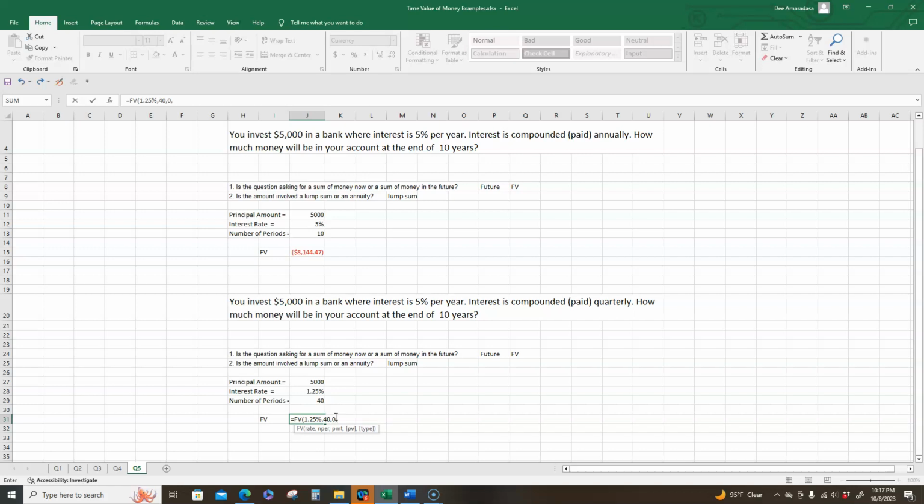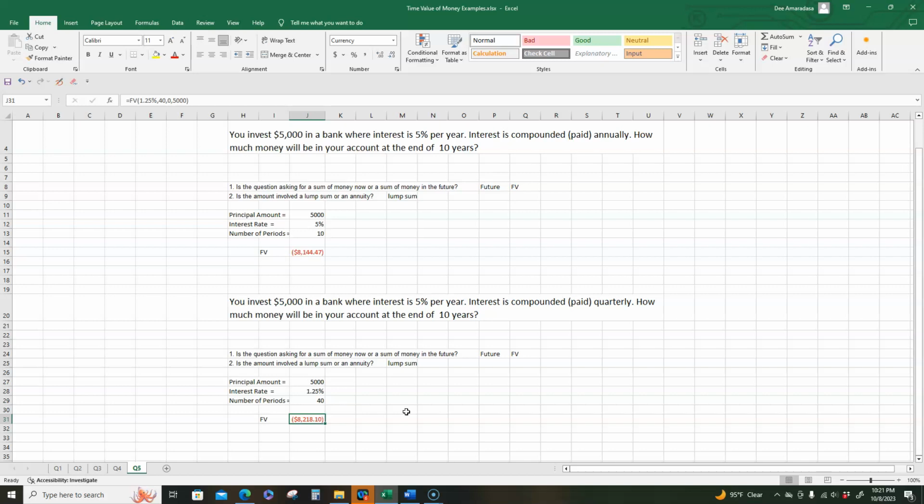What is our present value? We're going to invest $5,000. And again, type, we don't need it. It's not an annuity, so I can close my parentheses and hit enter. And we end up with $8,218.10.